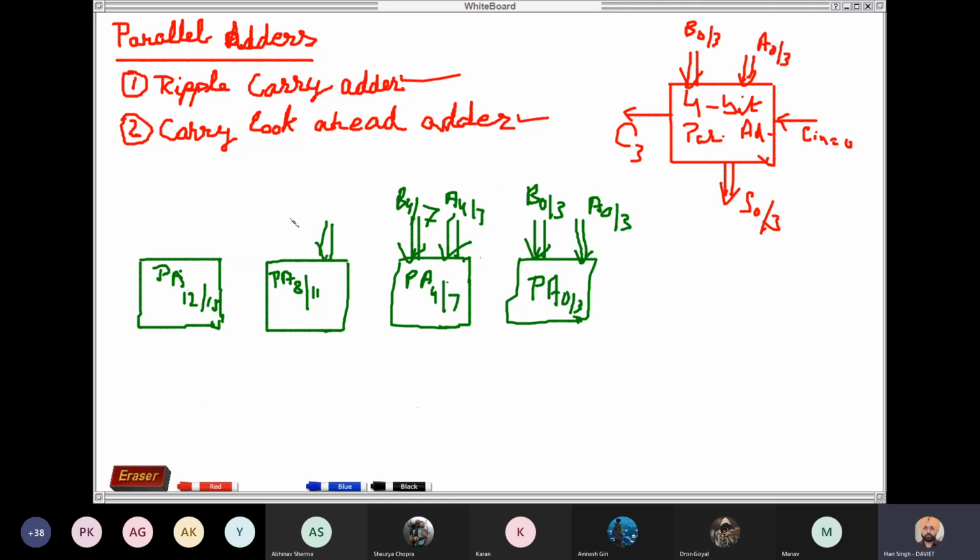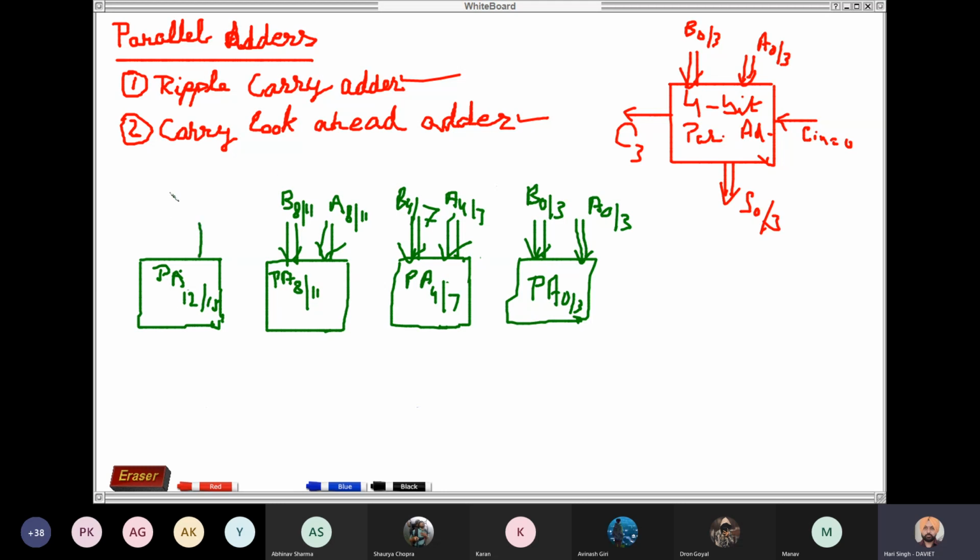Similarly for the next adders we can write the inputs: A8 to 11, B8 to 11.